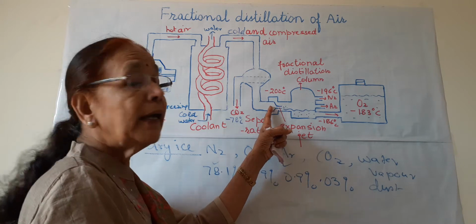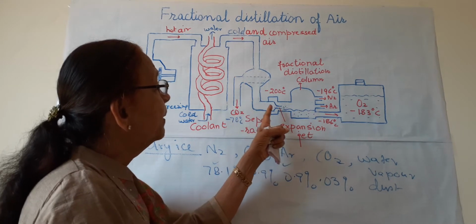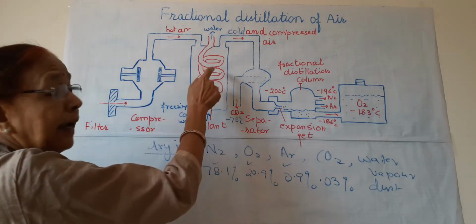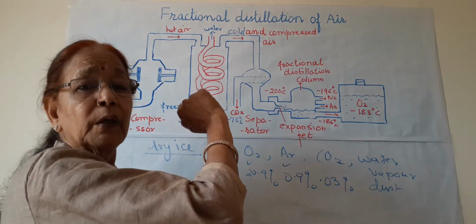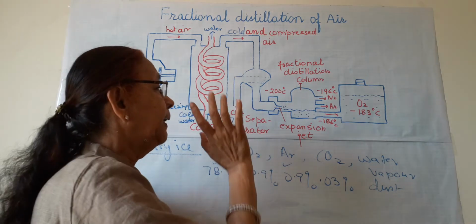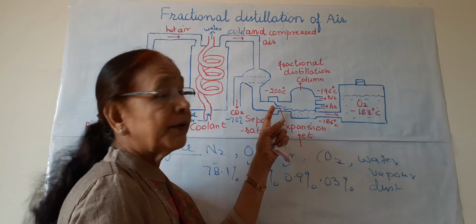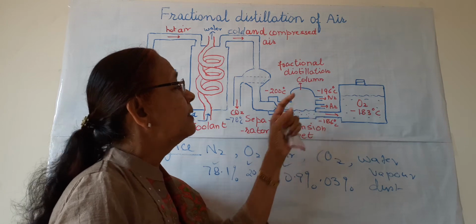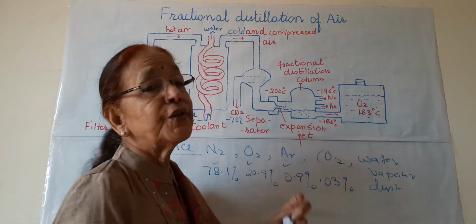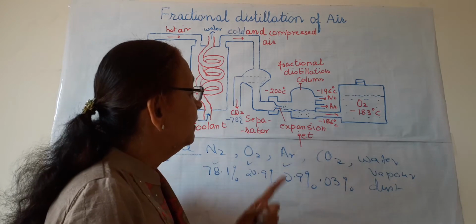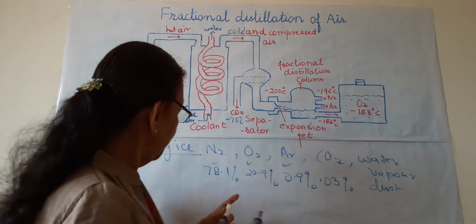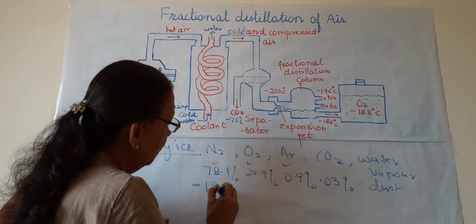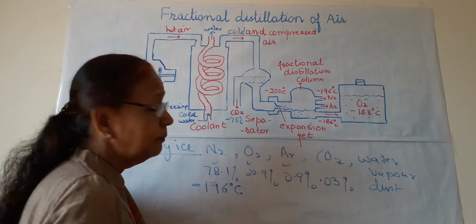If suppose all the air does not liquefy in the separator and here, then this air is again sent to this compressor and this coolant so that it can be liquefied again. From this expansion jet, the liquefied air comes to this fractional distillation column and its temperature is around minus 200 degree centigrade. One thing we should know is that the boiling point of nitrogen is minus 196 degree centigrade.